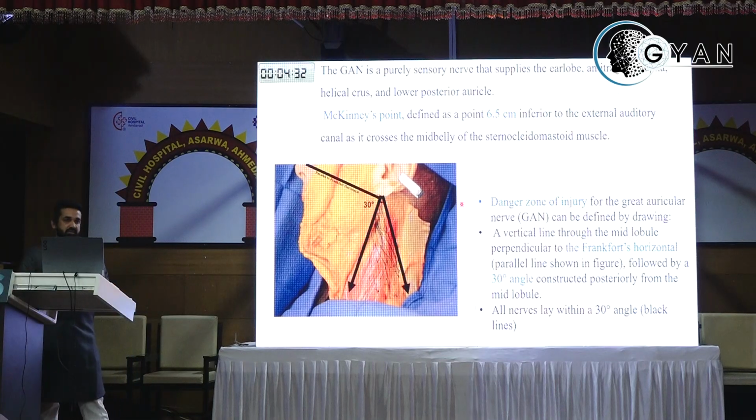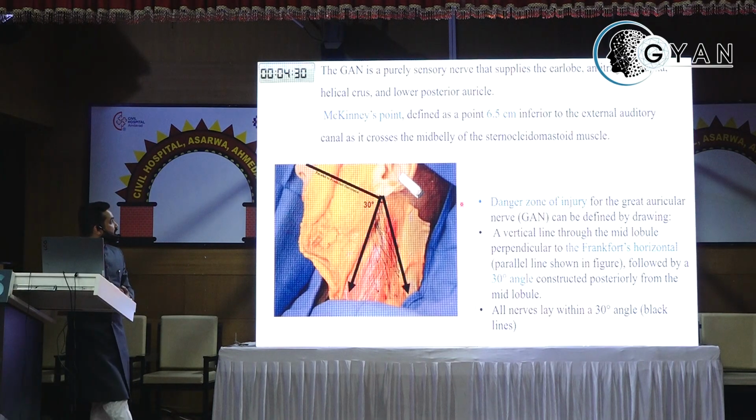Then, of course, the GAN, the greater auricular nerve, being a purely sensory nerve, we have to figure it out by McKinney's point, which is about 6.5 centimeter inferior to the external auditory meatus.